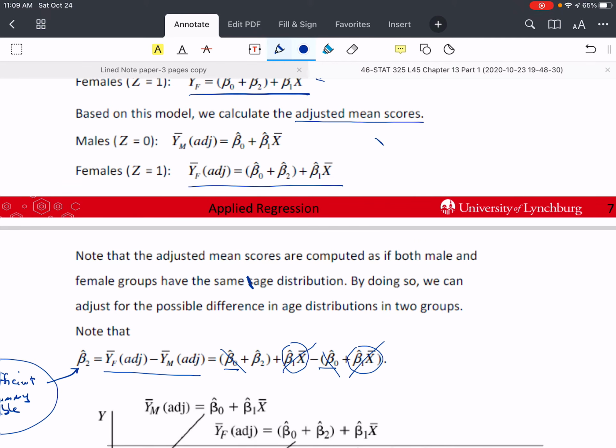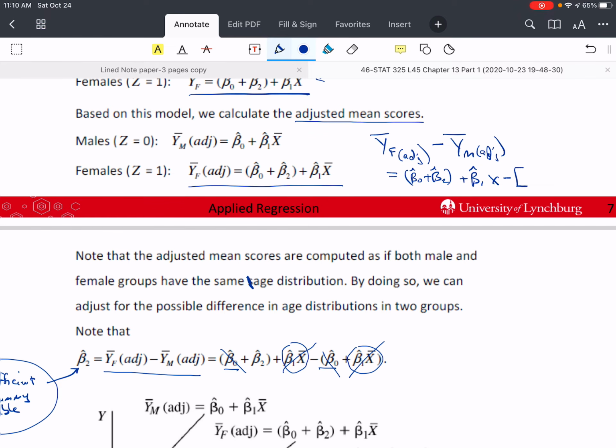I'm going to take y bar f adjusted minus y bar m adjusted, and that's going to equal beta naught plus beta 2 plus beta 1 hat x bar, these are all hats, minus beta naught plus beta 1 x bar.